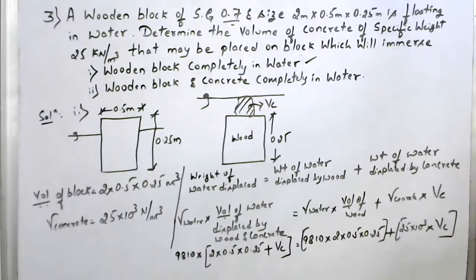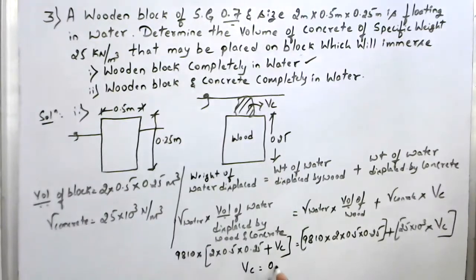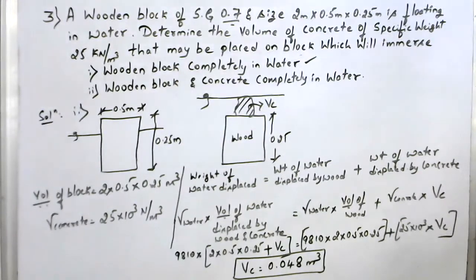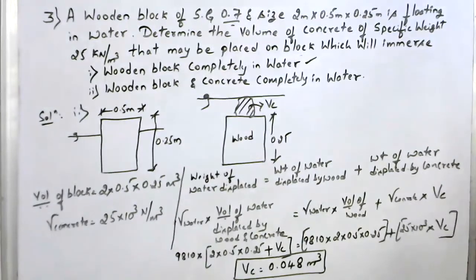Therefore, you simplify this, and the volume of concrete VC works out to be 0.048 cubic meter. So you require 0.048 cubic meter of concrete in order to immerse both wood and the concrete completely.